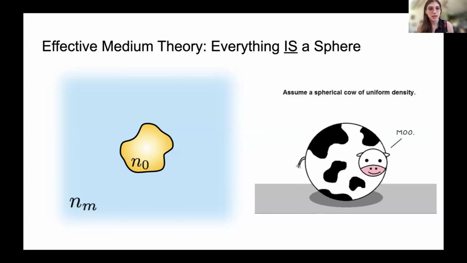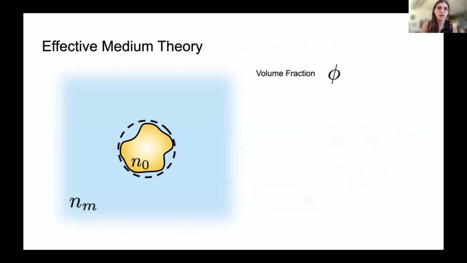How it works is I have this asymmetric object, made of something with a refractive index n naught, and it's dispersed in a medium with refractive index nm. What we're going to do is draw a sphere enclosing this object. The object will fill that sphere with a volume fraction phi. And then we'll model that enclosing sphere as an effective sphere with effective refractive index np.